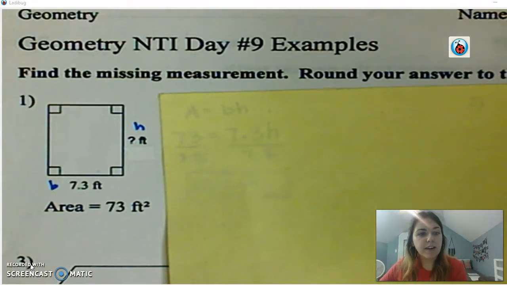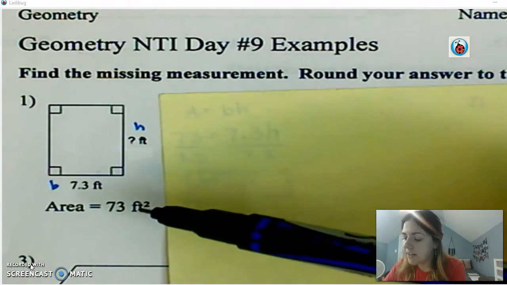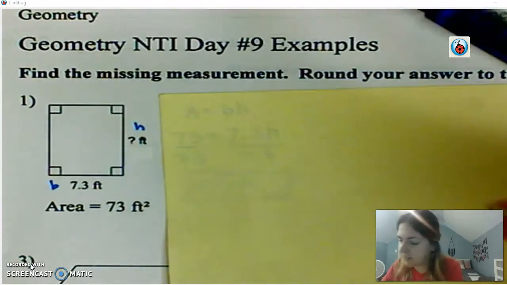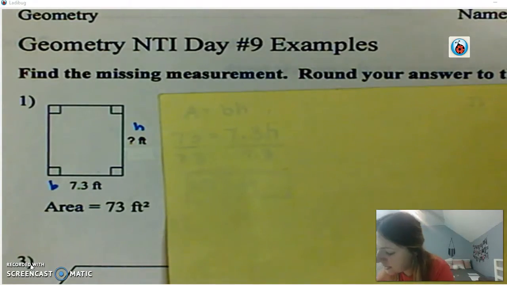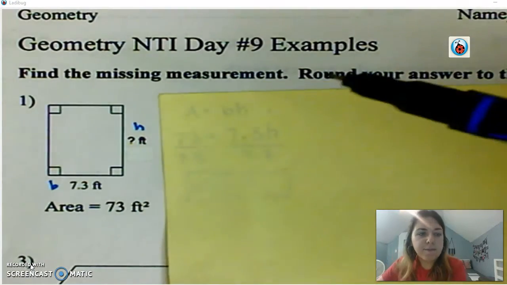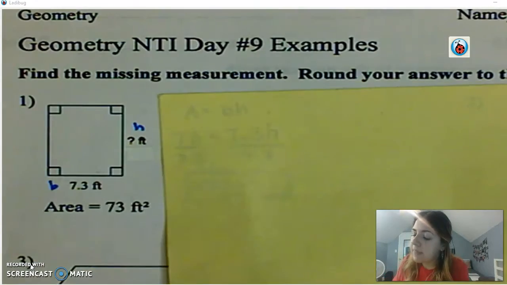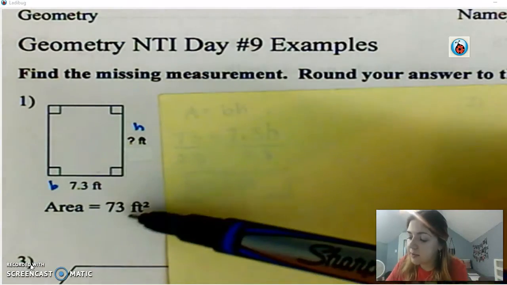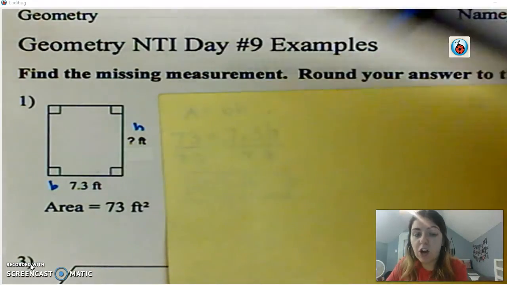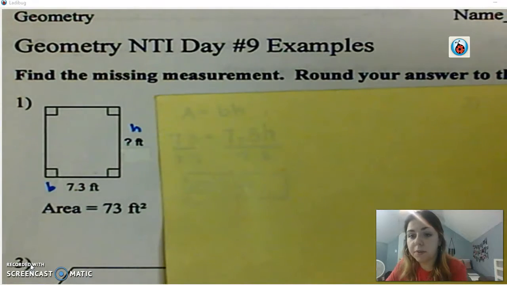We were given a rectangle and an area. It looks a little weird in the picture, but on the paper you can tell it's a rectangle. In all of these scenarios, you're going to start with the formula for area of that shape.